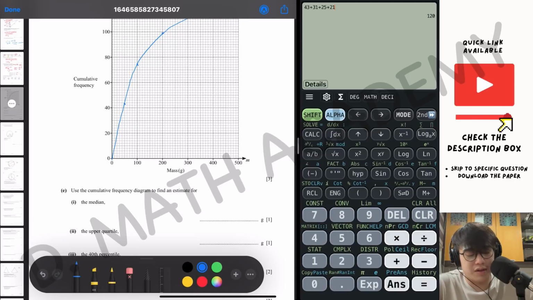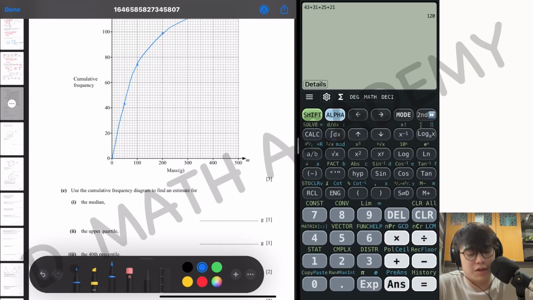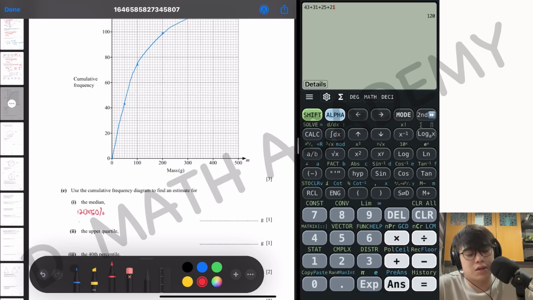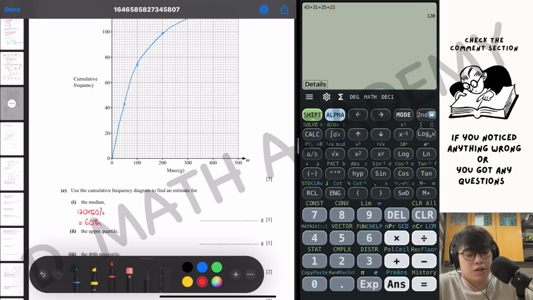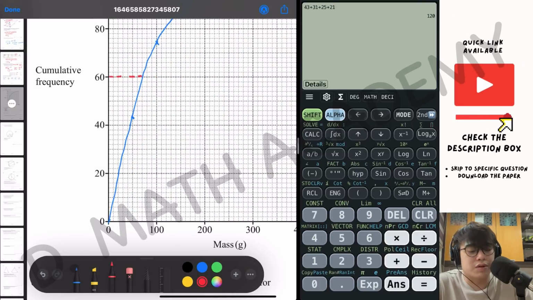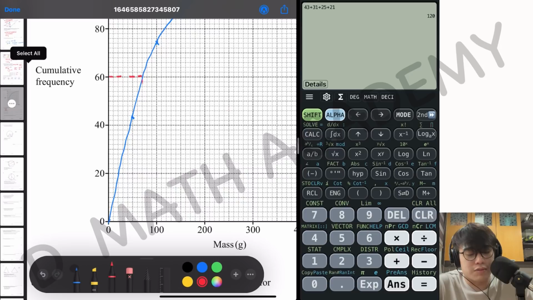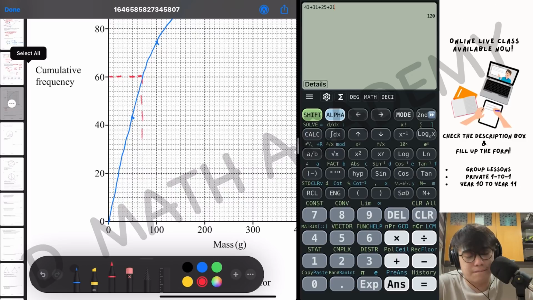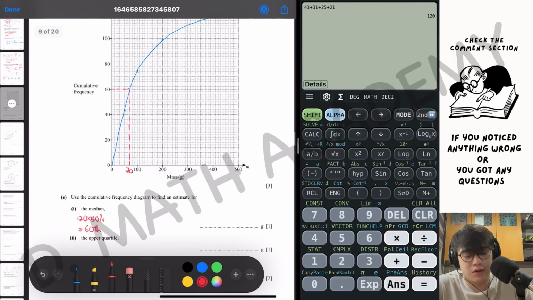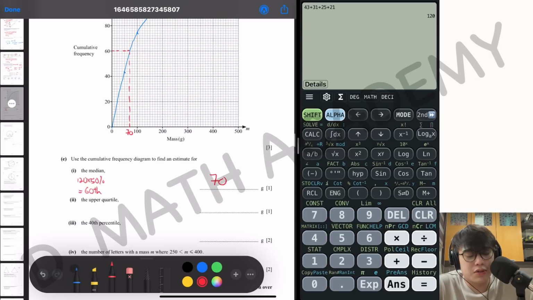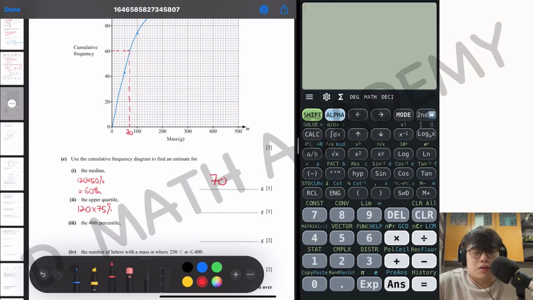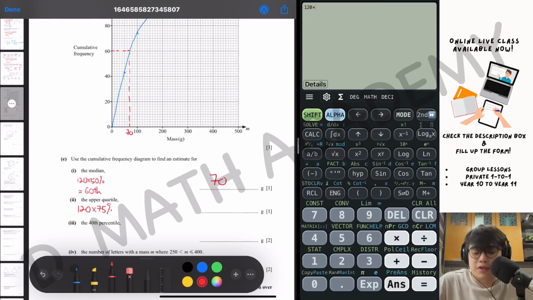They first asked for the median. So kindly take note that median means that from the 120 that we have there, you have to multiply it by 50%. You get 60. So from 60, you trace it down, you'll be able to get your median's result, which is approximately 70. Okay. And then for the upper quartile, you have to take 120 times 75%. It should be 90. Okay, just let me double check.